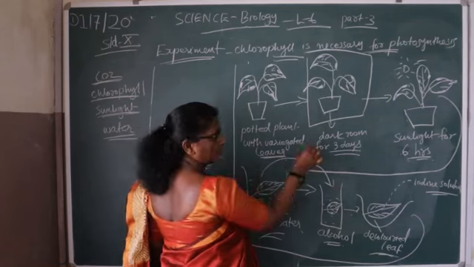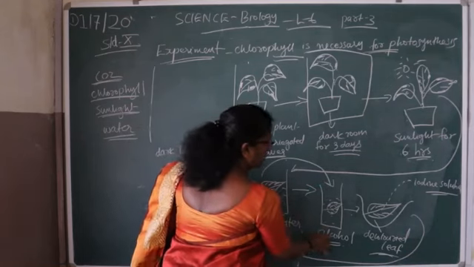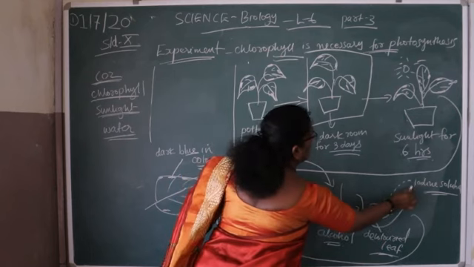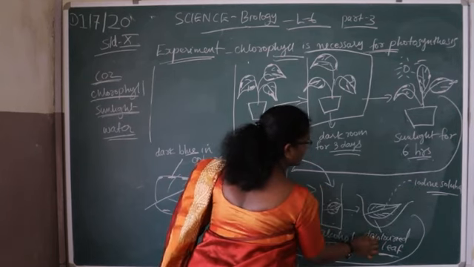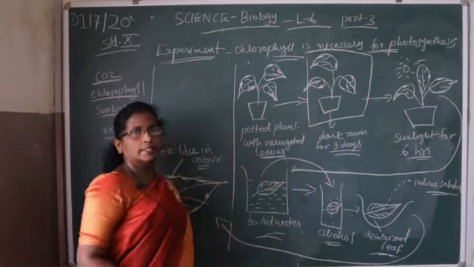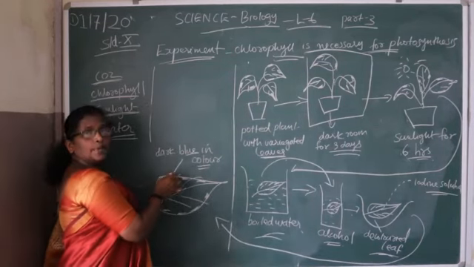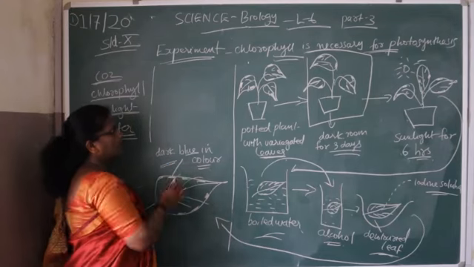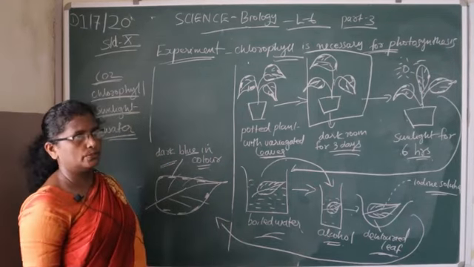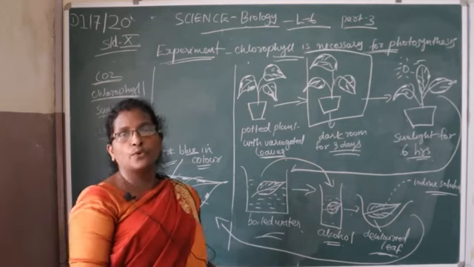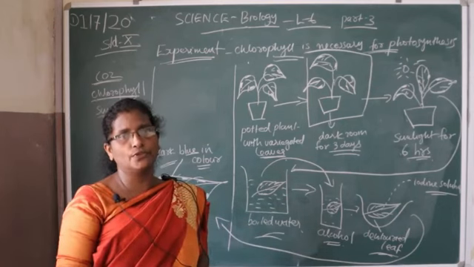Then transfer it into alcohol to decolorize, and put a drop of iodine solution over the decolorized leaf. Last, we can see that the green part of the leaf becomes dark blue in color. So from this activity, we know that chlorophyll is necessary for photosynthesis.